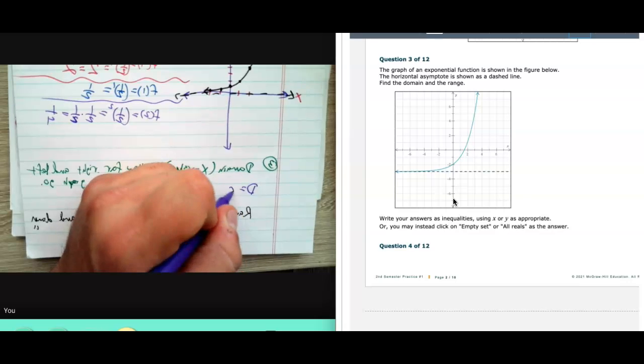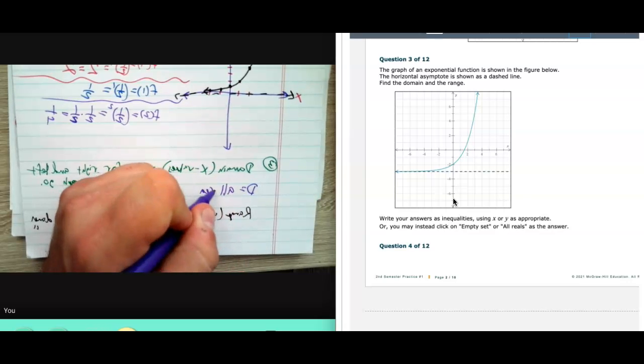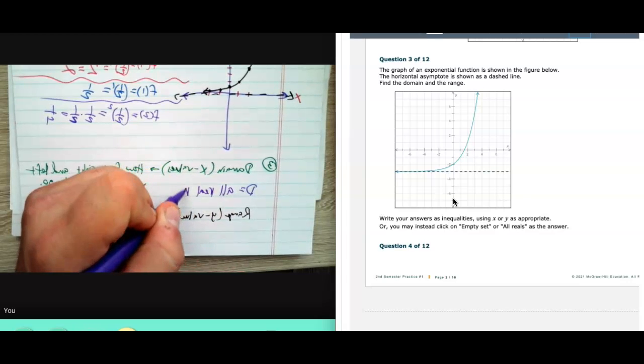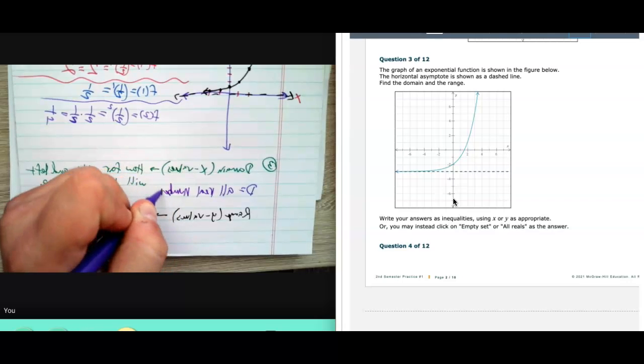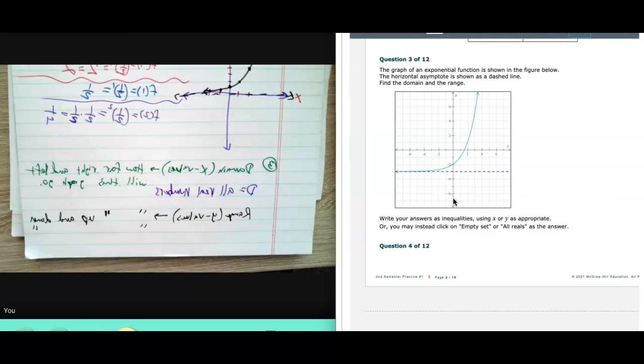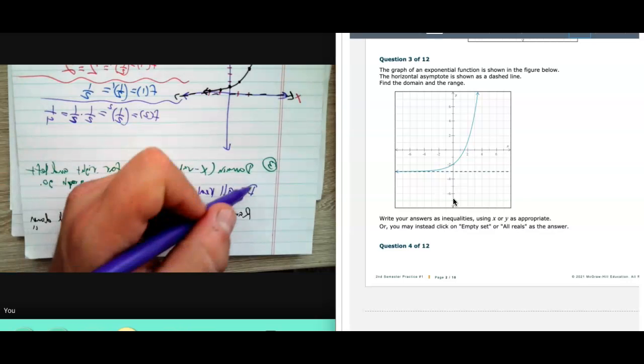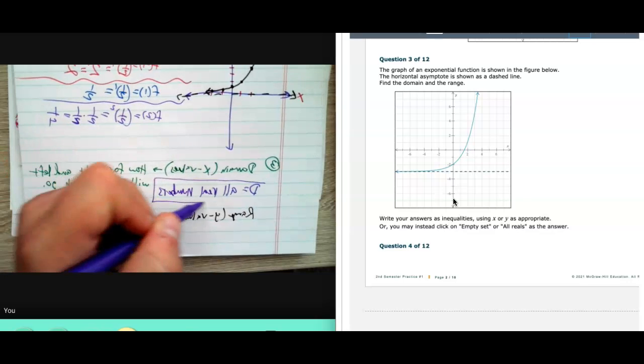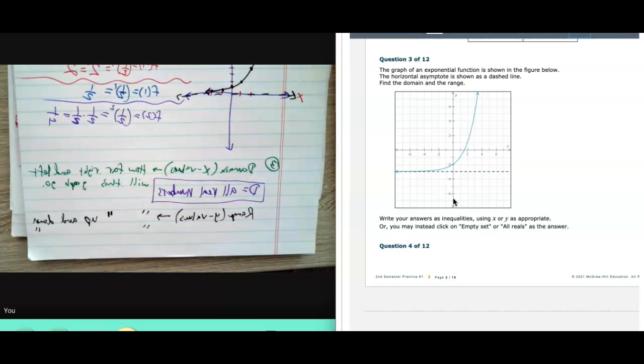Or you can just say all real numbers if you like that better. So again, the domain is all real numbers, which can be stated differently as from negative infinity to infinity.